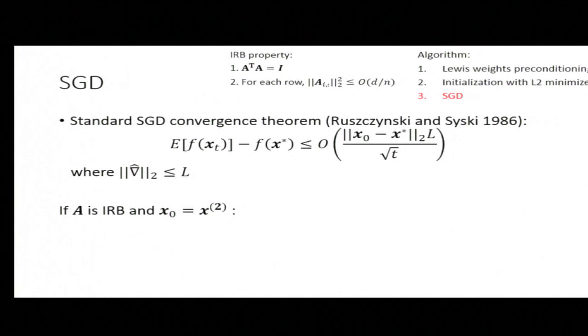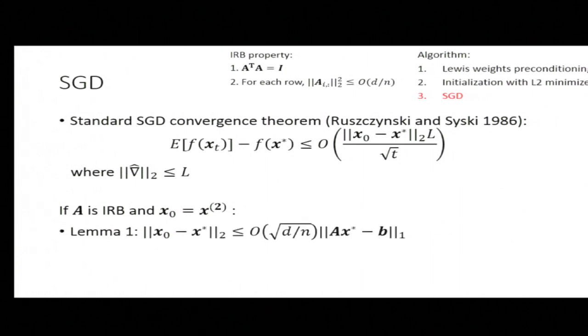So here we also use the IRB property and our initialization, and you can get this first lemma, that the initialization distance from the optimal iterate is bounded by order square root d over n times the optimum objective value. So you actually start off very close to the optimum in this case for IRB.